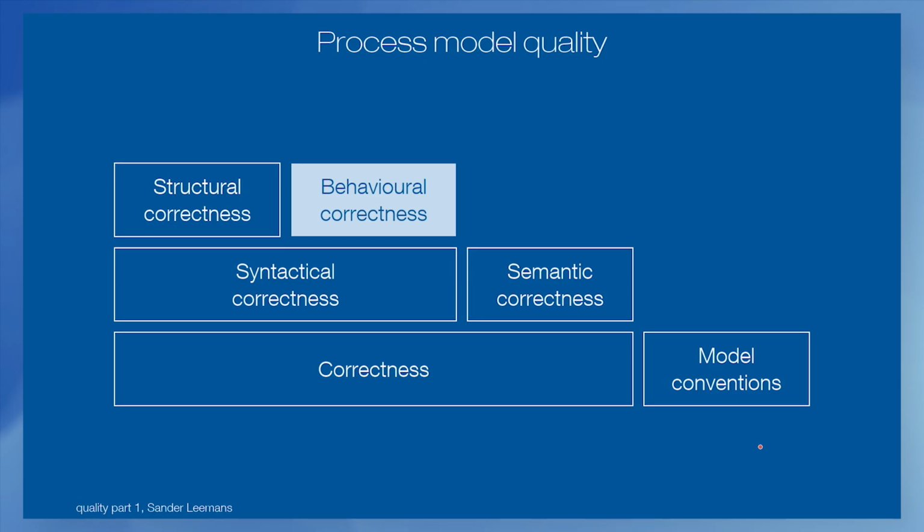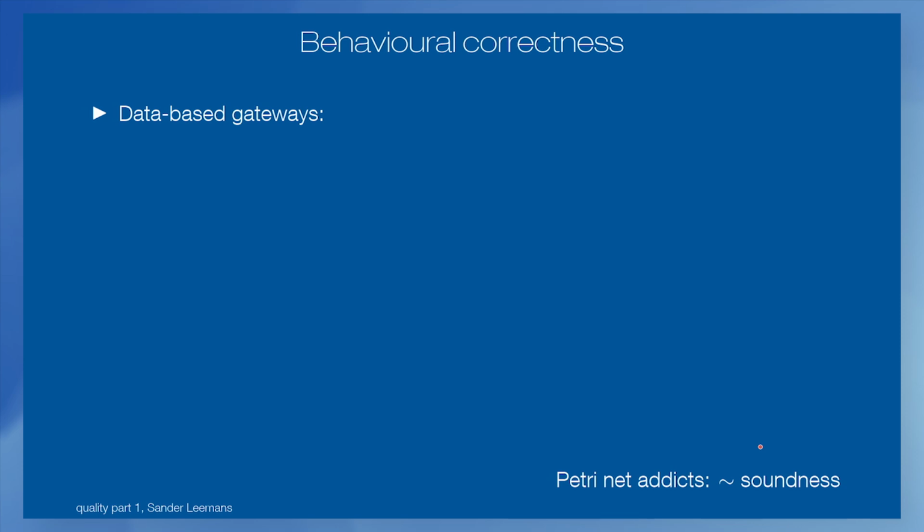Next, we're going to talk about behavioral correctness. It is not enough that a model adheres to the BPMN standard, and let me show you why. Specifically for data-based gateways, such as the OR split and the XOR split, the data must be available.